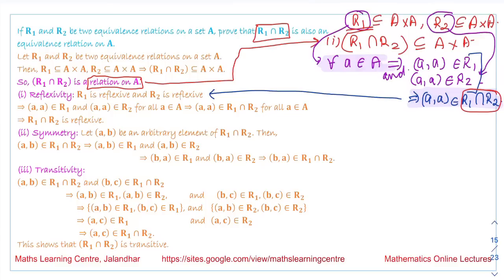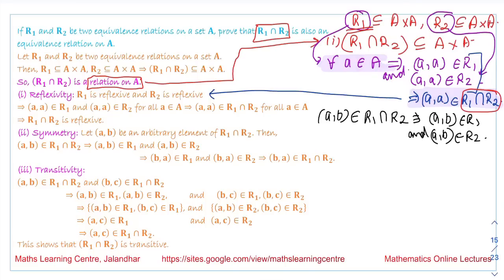Now the next thing we have to prove is that this relation is symmetric. To prove it is symmetric, suppose (a, b) belongs to R1 intersection R2. Then this implies that (a, b) belongs to R1 and (a, b) belongs to R2.